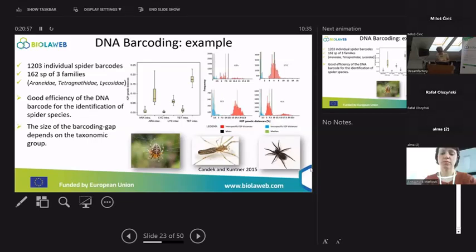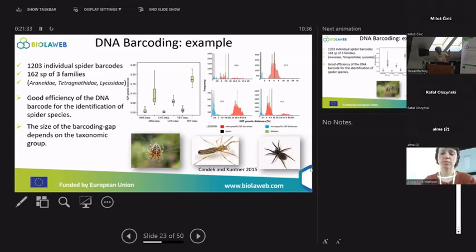But if you look at the Lycosidae at the top right, there is also a clear gap, but you can see that the distances on the x-axis are very different. For example, the mean interspecific distance is here about 6, while for Tetragnathidae it was something like 17. So you see, it's not organized in the same way in these different families.